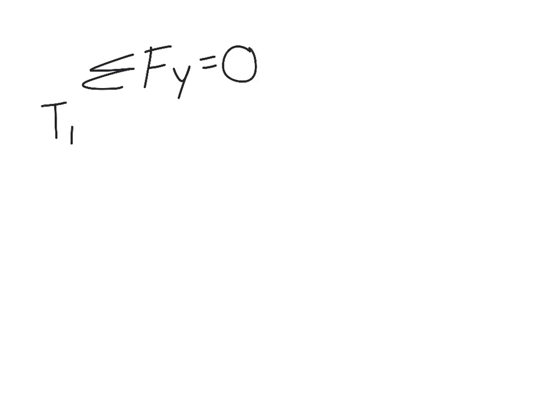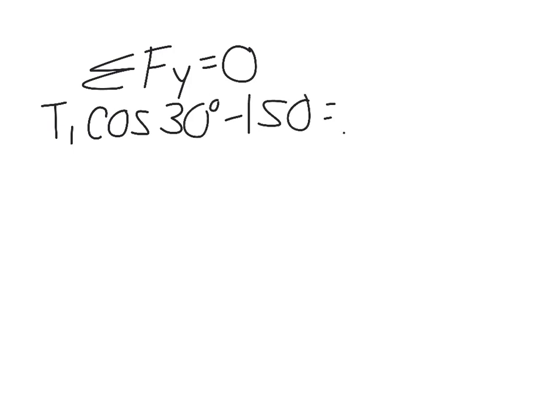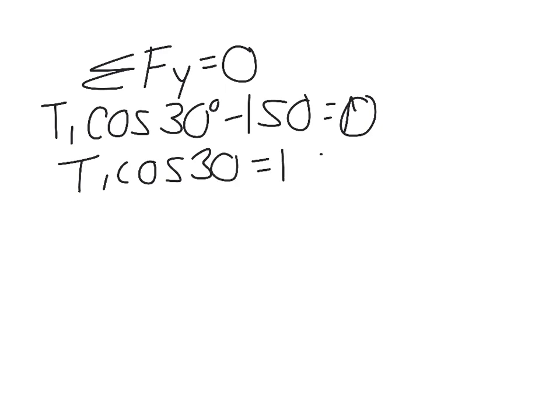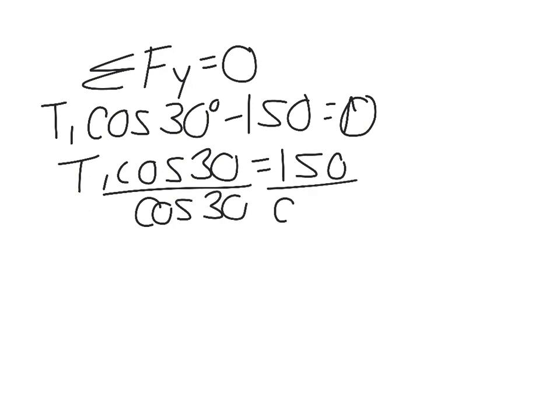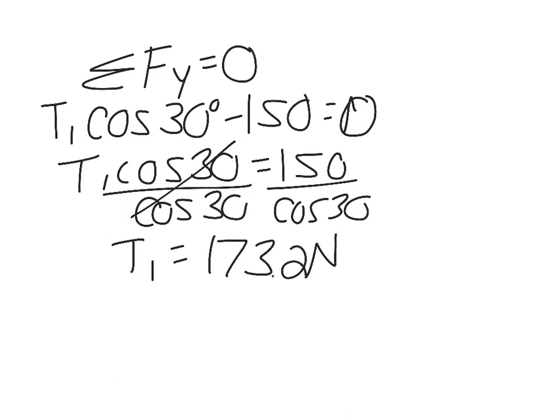Here I have T1 cosine 30 degrees minus 150, and that's going to give me 0. I'm solving for T1, so I'm going to bring that 150 over to the other side and then divide by cosine 30. This is going to give me that my first tension is 173.2 newtons.